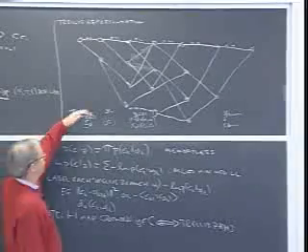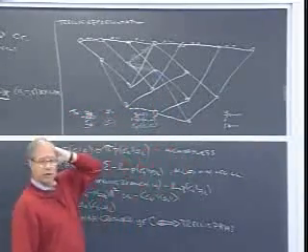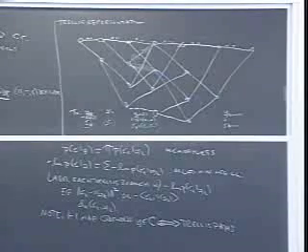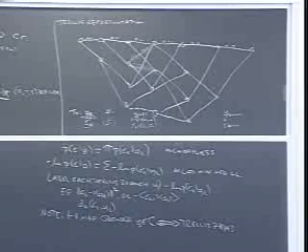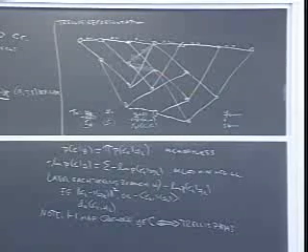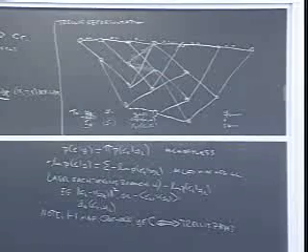So what will that be? Once I've labeled each of these branches with a log likelihood cost, I simply want to find the least cost path through this trellis, and that will correspond to the most likely code word. This is the essence of it. Do you all see that?